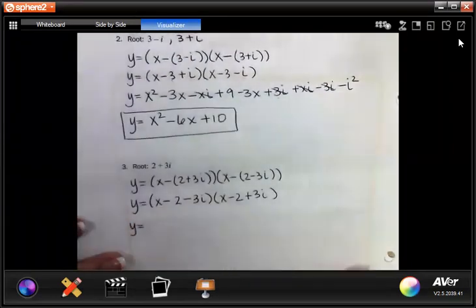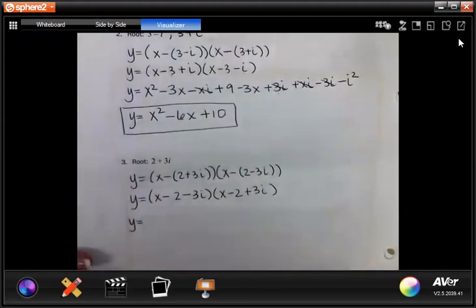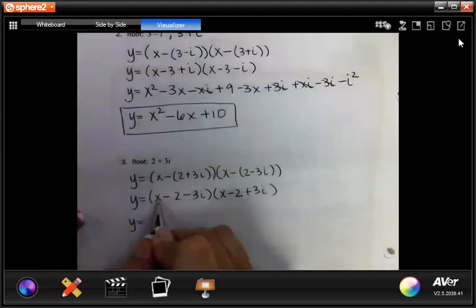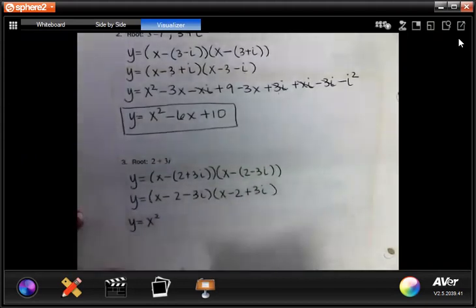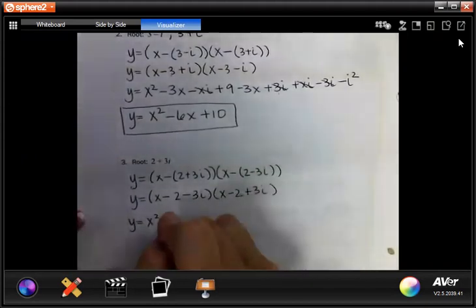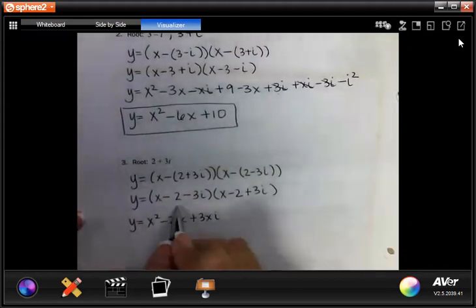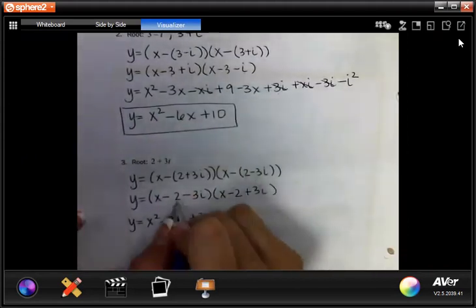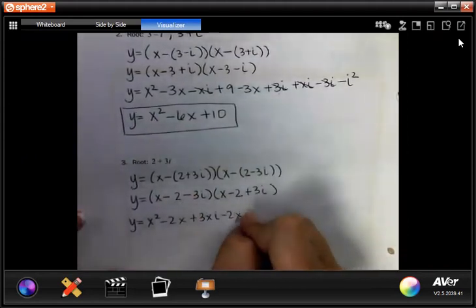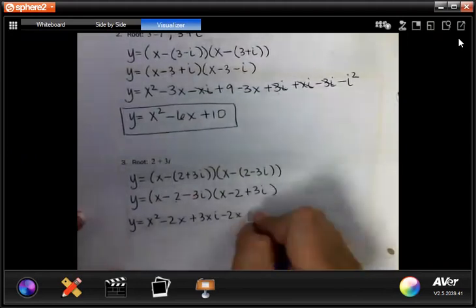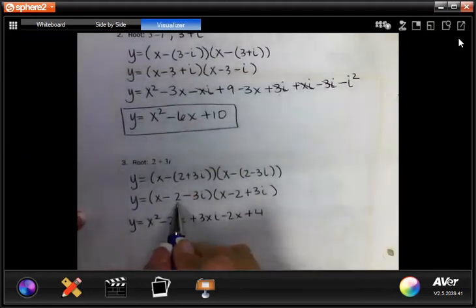So you got to make sure that you're keeping track. Don't try and skip steps. Makes it much easier if you're lining up your work clearly. So x times x is x squared. x times negative 2 is negative 2x. x times 3i gives me a 3xi. Now we distribute the negative 2. Negative 2 times x gives me negative 2x. Negative 2 times negative 2 gives me a positive 4.